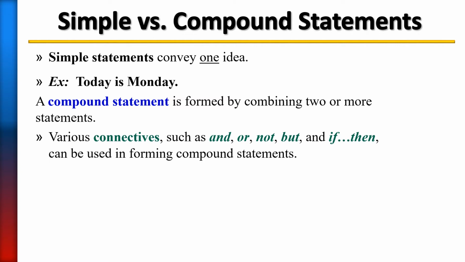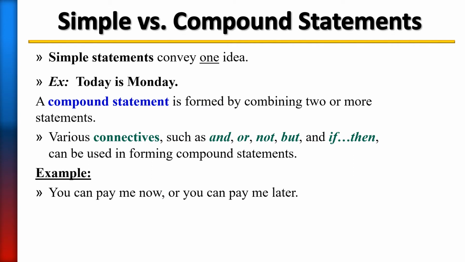So if you see any of those in a sentence, you can look and see if the sentence conveys two or more statements. Here's an example. You can pay me now, that's the first statement, or, it's connected with a connective, you can pay me later.